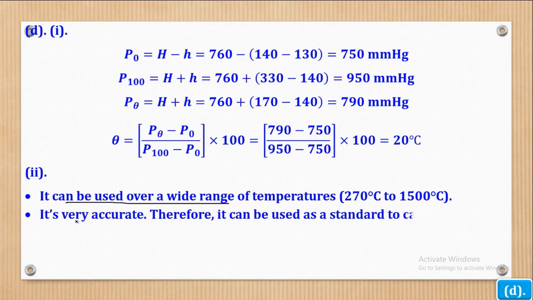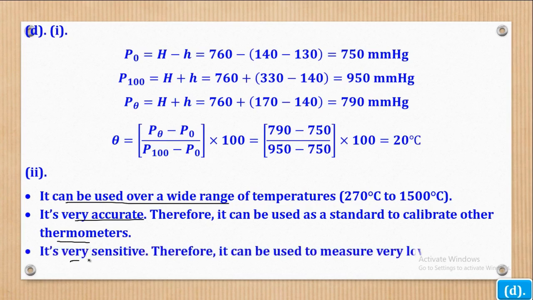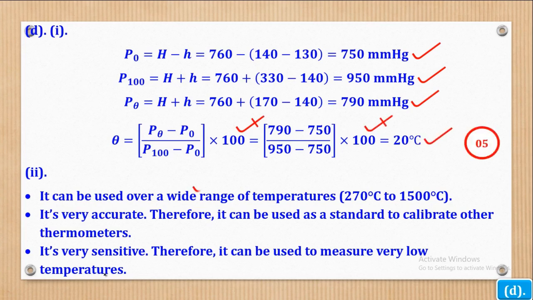Then two is that it is very accurate and therefore can be used as a standard to calibrate other thermometers. Then three is that it is very sensitive and therefore it can be used to measure very low temperatures. So that is how marks would be awarded. So now we shall go to part E.